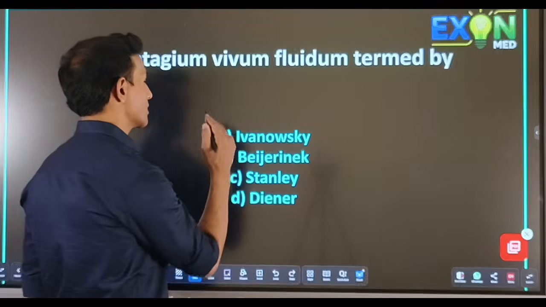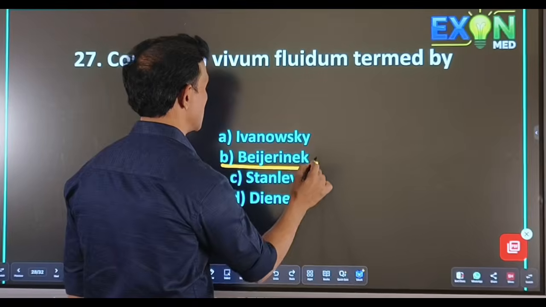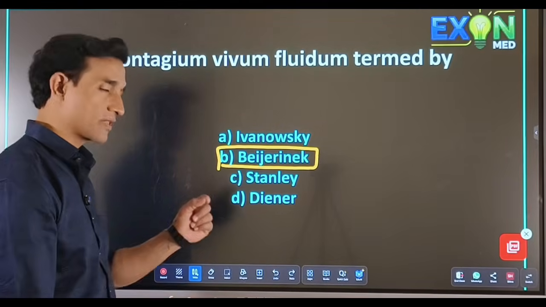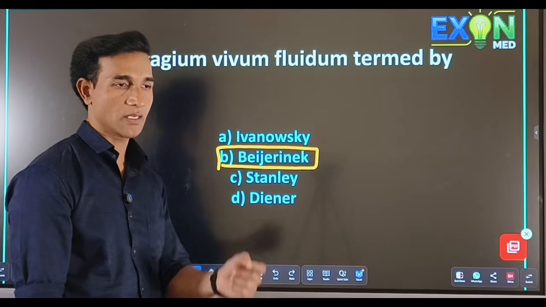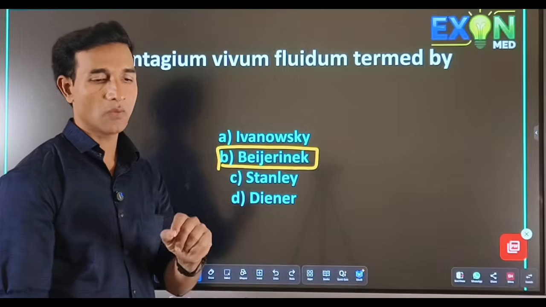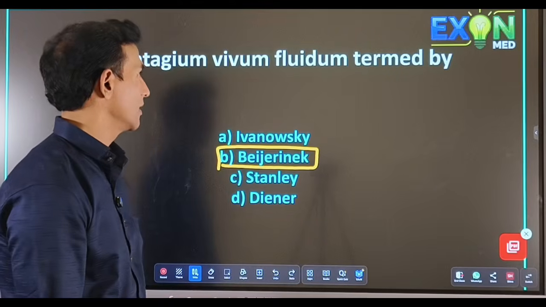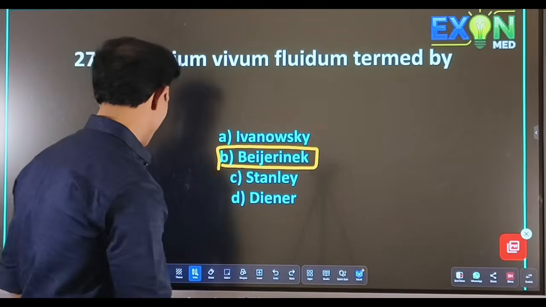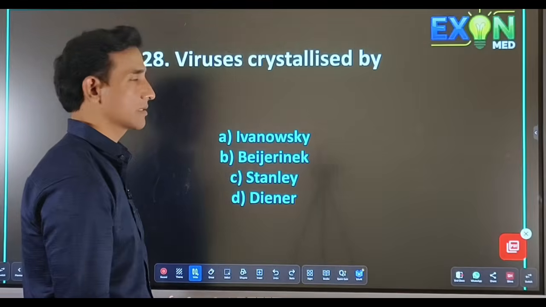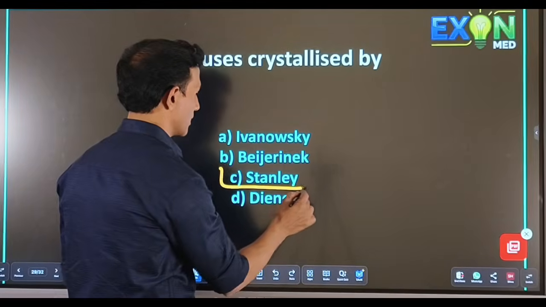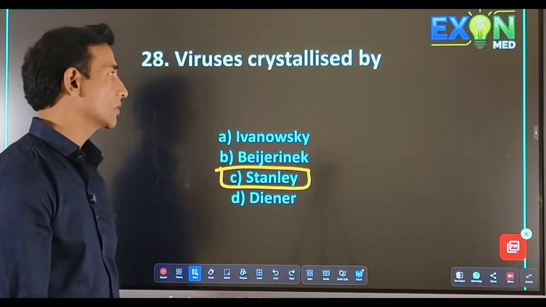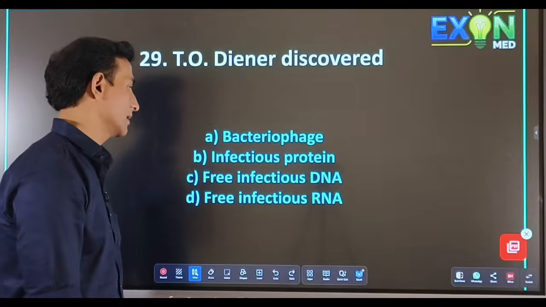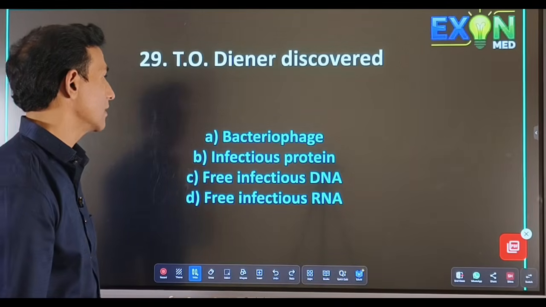This term was given by Beijerinck. Beijerinck extracted the fluid from a tobacco plant infected by mosaic disease, and when the fluid was injected into another plant, it caused contamination. So we called it Contagium vivum fluidum. Viruses were crystallized by Stanley. T.O. Diener discovered.